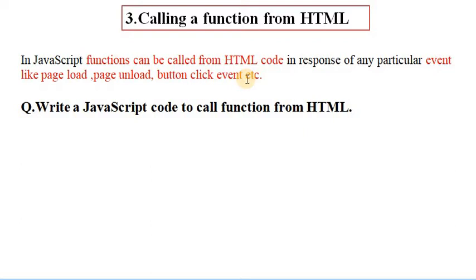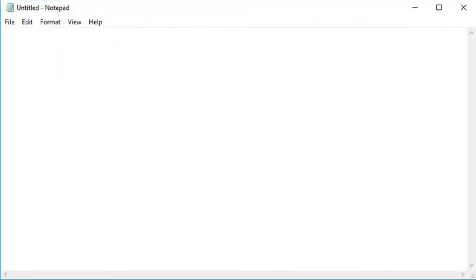Let us see an example of how to call a function from HTML code. First of all, take a notepad. You can use different editors to write JavaScript code. Here I am taking a notepad as an editor. The first statement is the HTML tag. After that, take a head tag.